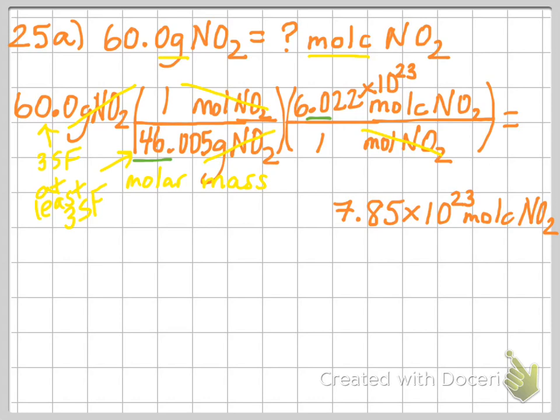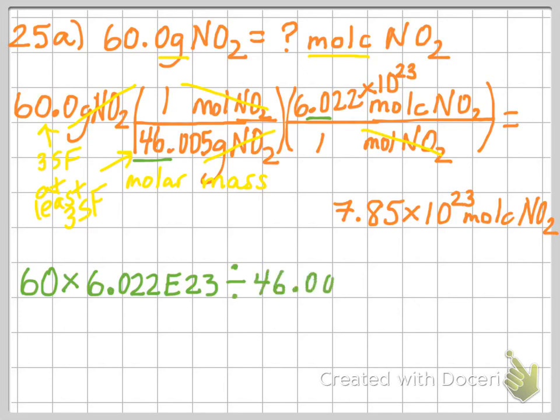So somehow in your calculator, you can put it in as 60 times 6.022, remember, we're using that E button, 23, divided by 46.005. Putting that in your calculator, you should get the 7.85 times 10 to the 23rd molecules of nitrogen dioxide.